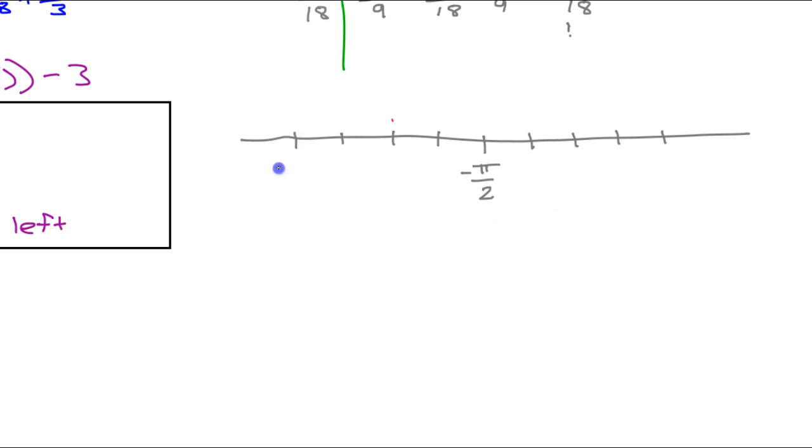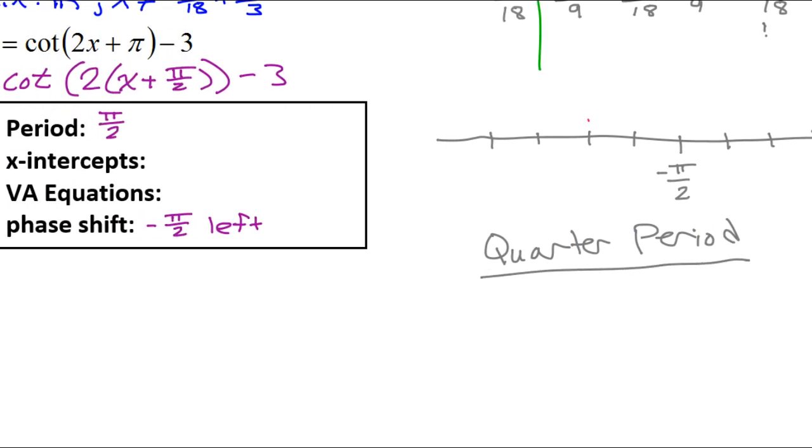It's important that we label all of these values. So I'm going to use the fact that every one of these values is a quarter of a period. So I just need to figure out what is a quarter period. Sure, if the period is pi over 2, then a quarter period is 1/4 of pi over 2.